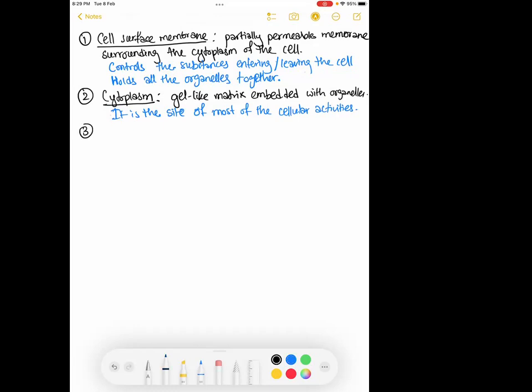Number 3, we have the cell vacuole. In animals, these are small fluid-filled spaces bound by a membrane.